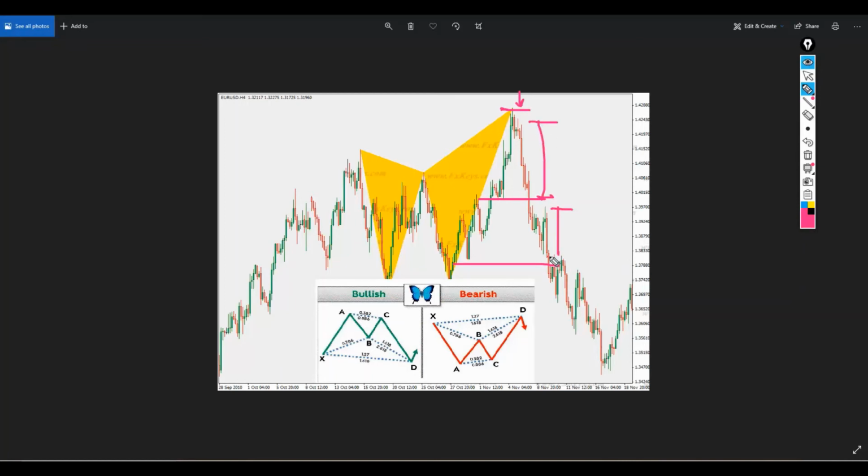This is the classical way. But what I'm looking at is breaking the support. If we can break the support, it's going to generate a massive amount of profit for us. And that's what I'm looking at.